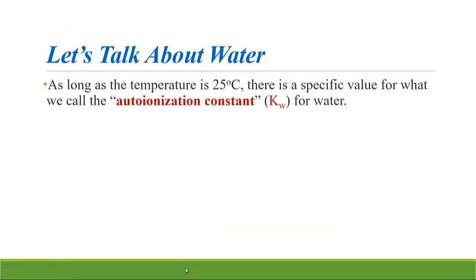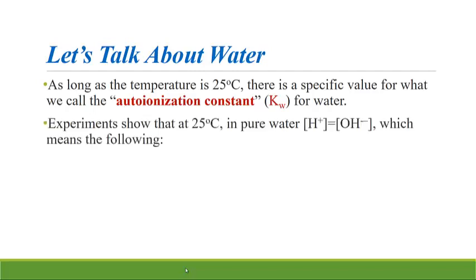So what we get from this is what's called an autoionization constant. For water, if it's at 25 degrees Celsius, the temperature is important, okay? We get what's called the autoionization constant, or the Kw. In pure water, as we talked about earlier, the hydrogen ion concentration is equal to the hydroxide.